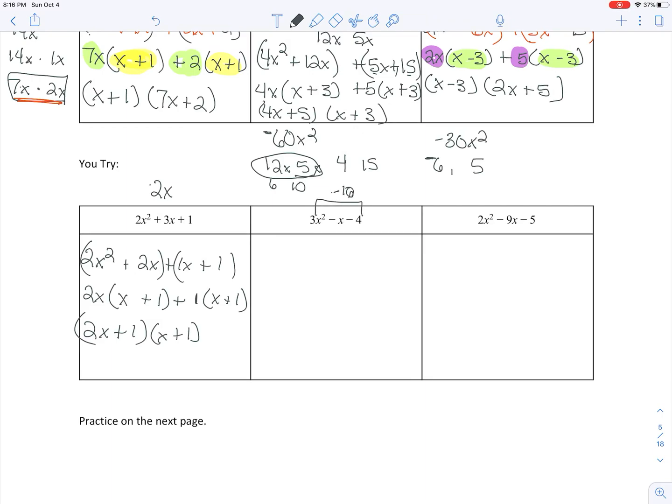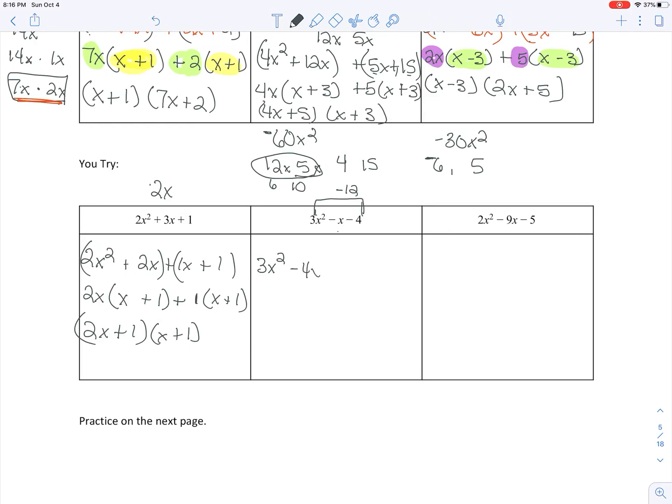Multiply a and c together, we get negative 12. What can I multiply to get negative 12 and add to get negative 1? 3 and 4.